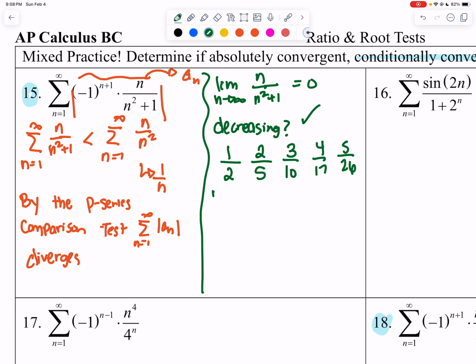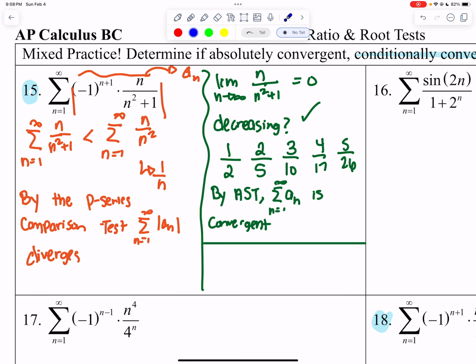So by the alternating series test, we know that my series is convergent. So overall, this tells me that this series right here is conditionally convergent. So that's my final answer.